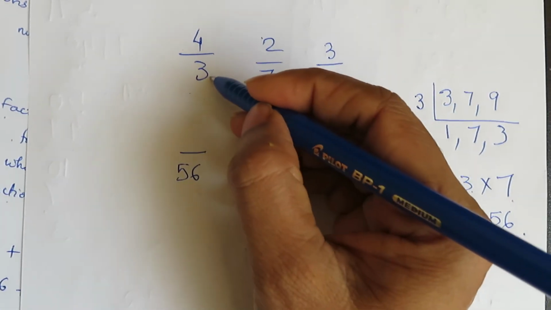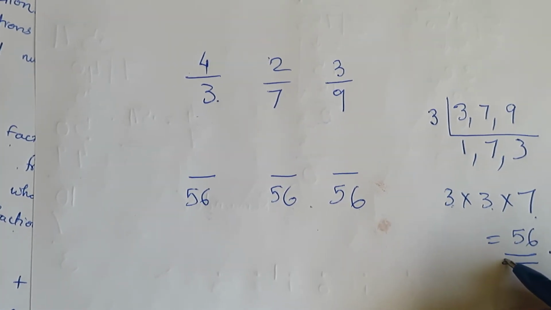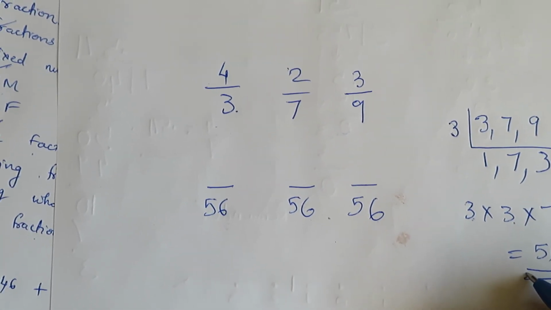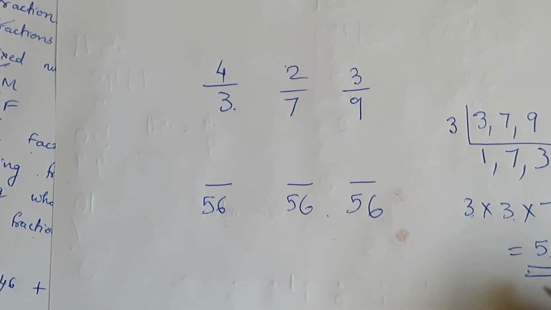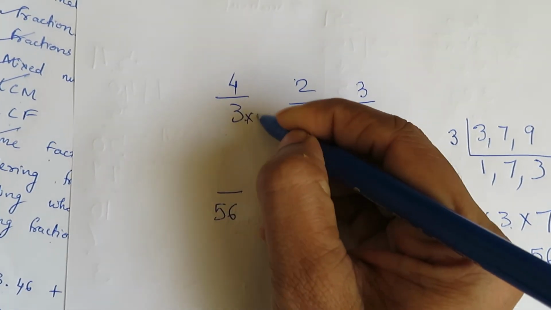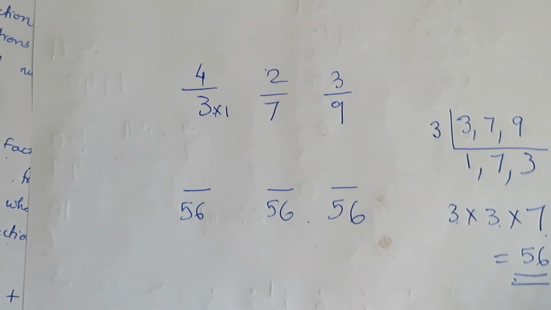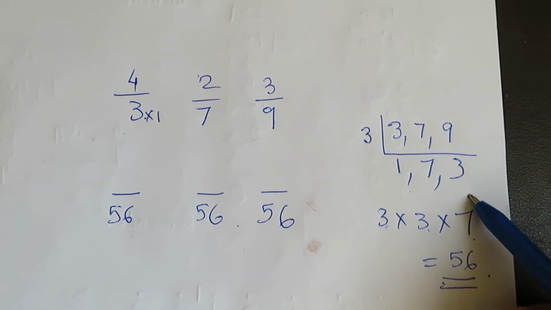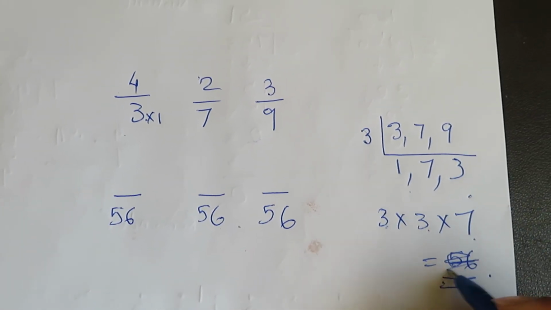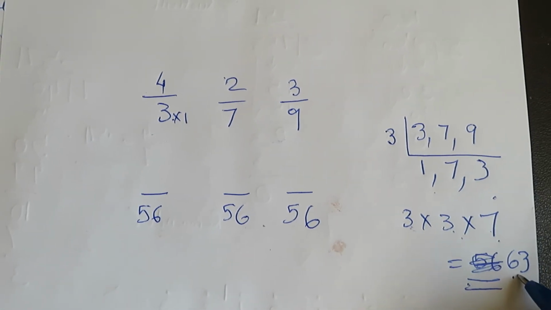So 3 into how much gives me 63? Yeah, 9 into 7 is 63, that's right. 3 3s are 9, 7 9s are 63.